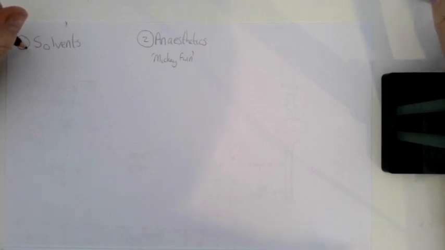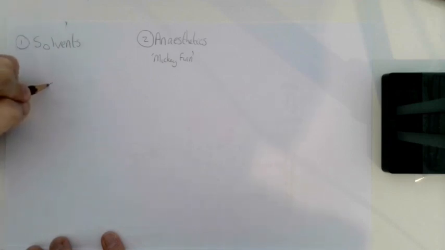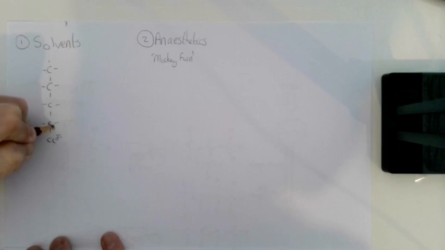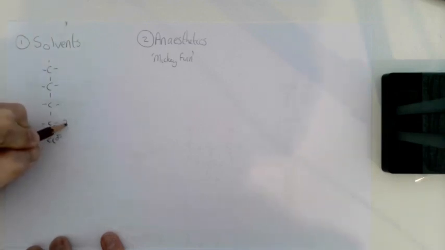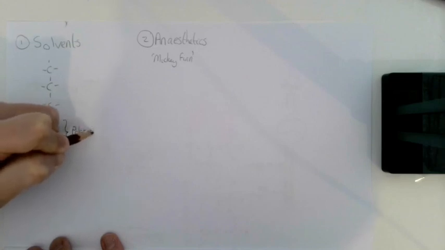The reason they're used in solvents is because if I draw an example of one, here's a halogenoalkane. You've got the dipole, delta minus, delta plus. This region is what's called a polar region, so it has polar interactions.